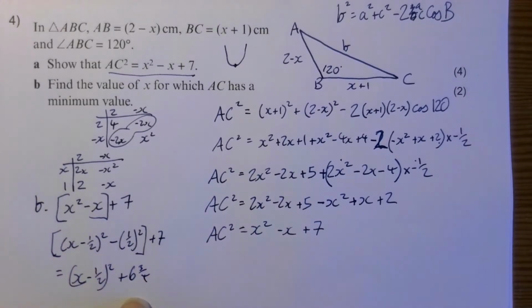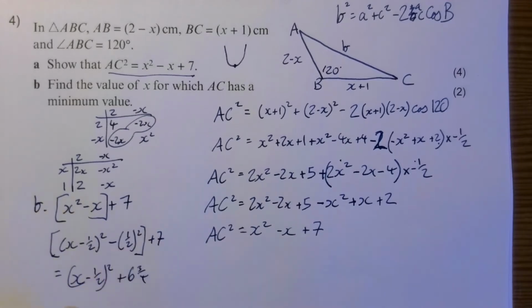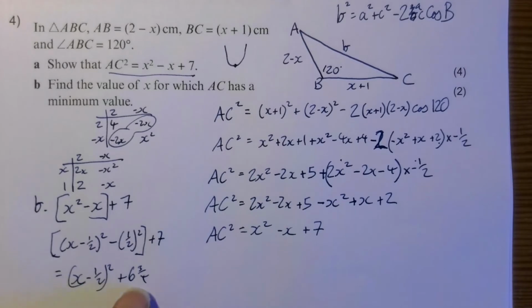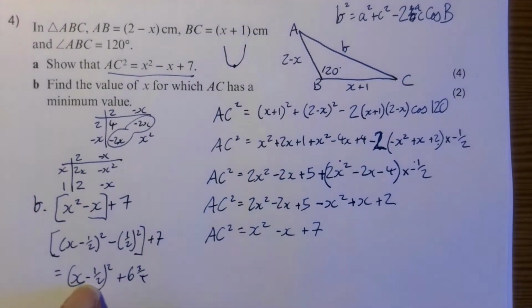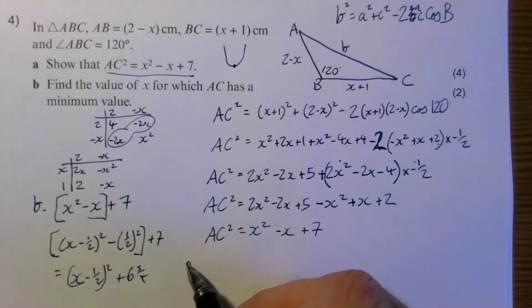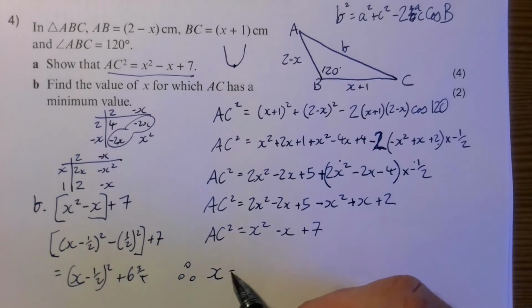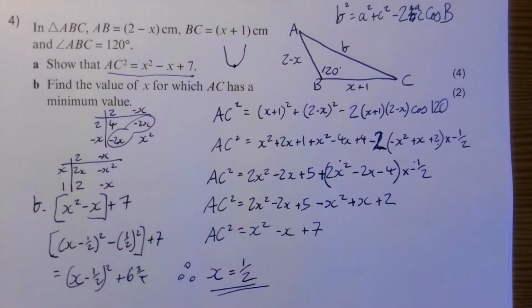But that bit's not essential. We just need the value of x for which it's minimum. 6 3/4 will be the smallest value, and that's because this could be worth 0. It'll be worth 0 when the bracket is 0, and the bracket is 0 when x is a half. So therefore we can say x is equal to a half.